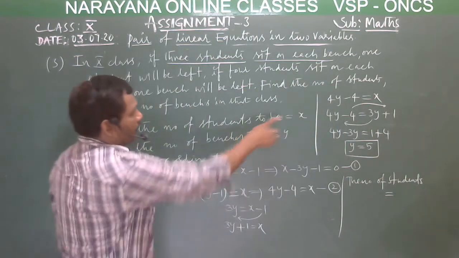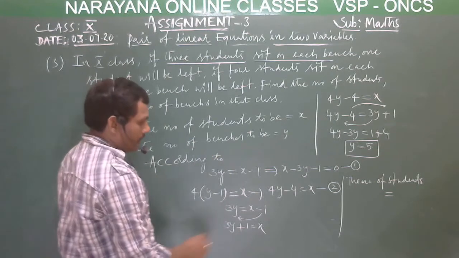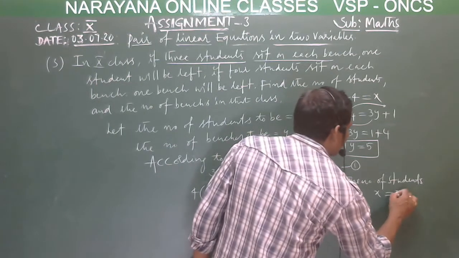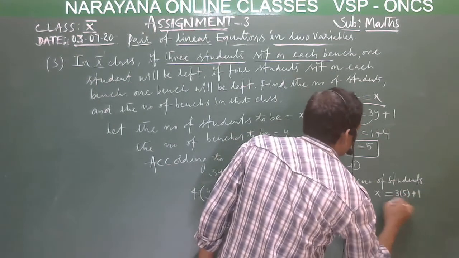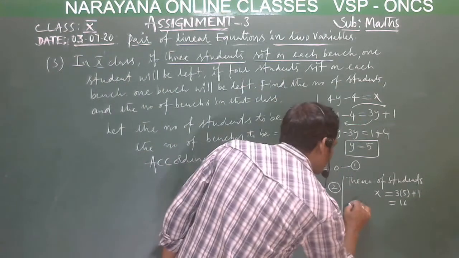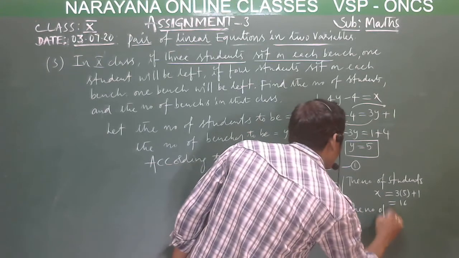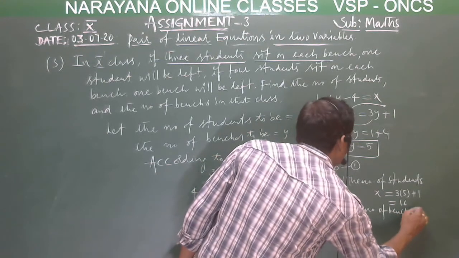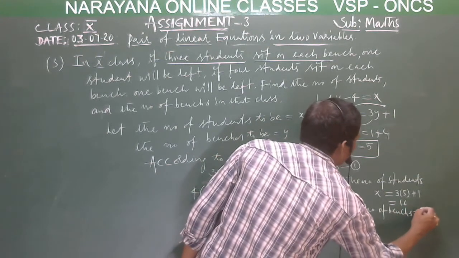Here x value, number of students, x equal to 3 into 5 plus 1 equal to 16. The number of benches equal to 5.